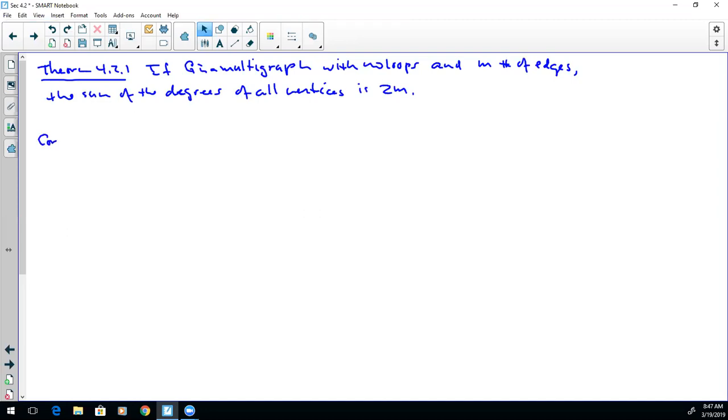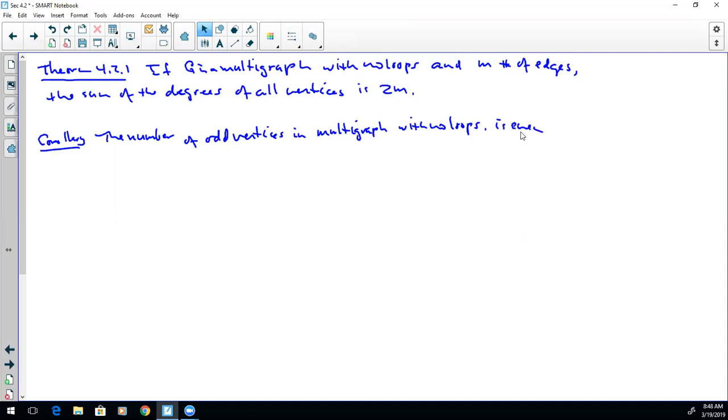Corollary to this is the number of odd vertices in a multigraph with no loops, so you can have multiple edges but no little edges going back to the same place here, is even.